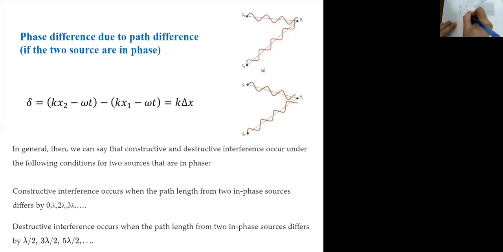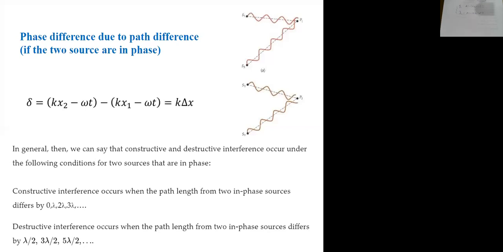And then y2 equals A sine of kx2 minus omega t, right? Because they are not having the same path, so x1 and x2 are different. It's from the source to the point of interest. So you can write out these two expressions.